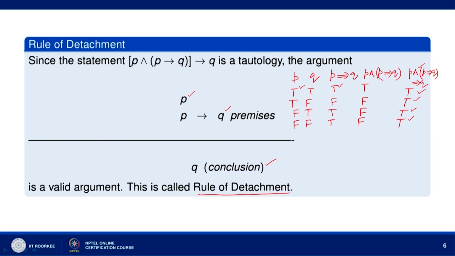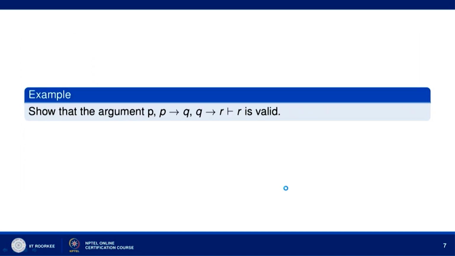Now, we will use this rule of detachment in this example. You can see we have P implies Q and Q implies R, and these are the premises.